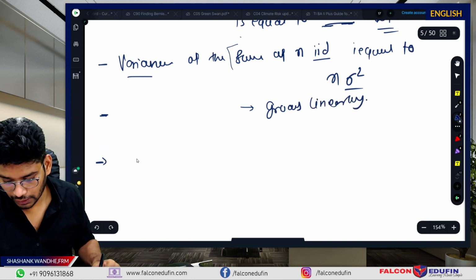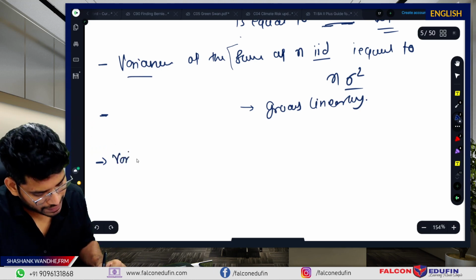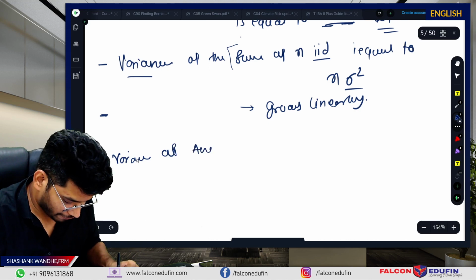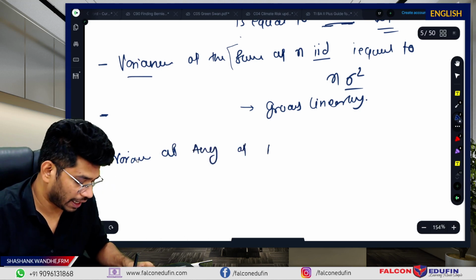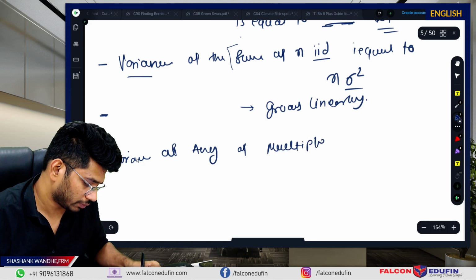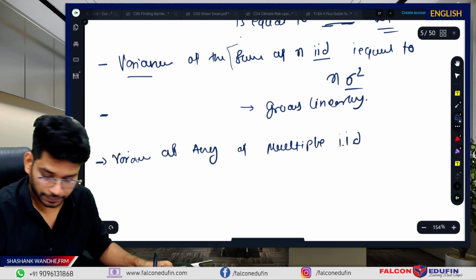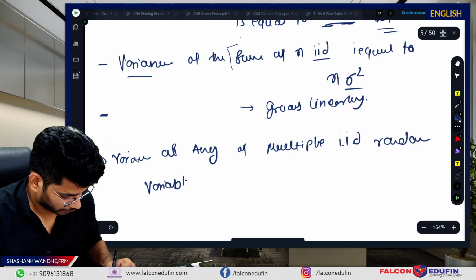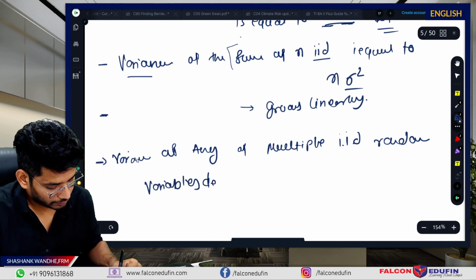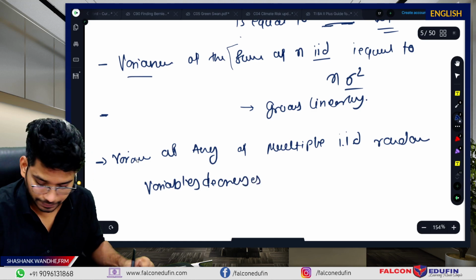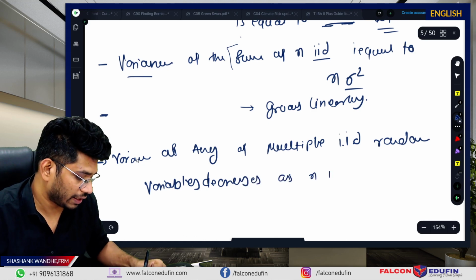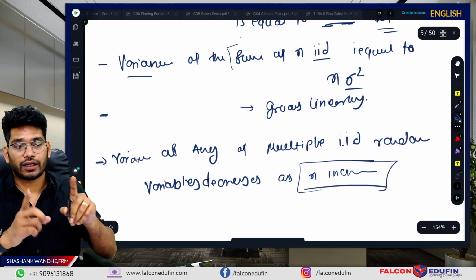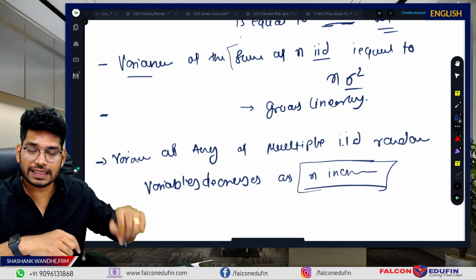Fine. Now the key point which we are concerned about. The variance of the average of multiple IID random variables decreases as n increases. Remember, in the hypothesis testing chapter, we discussed this.